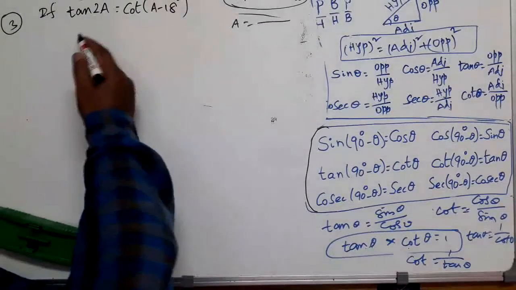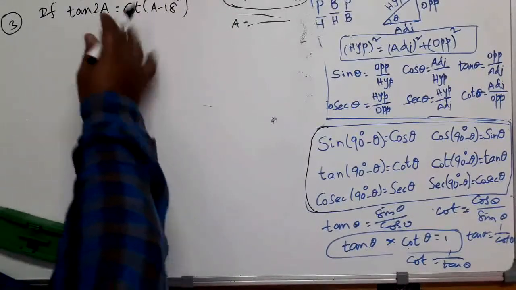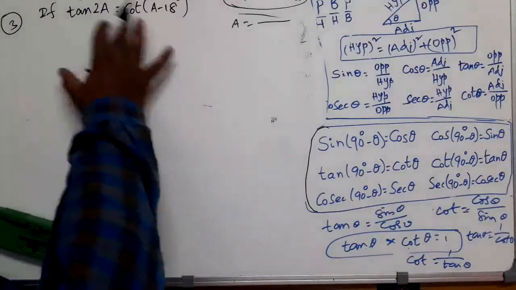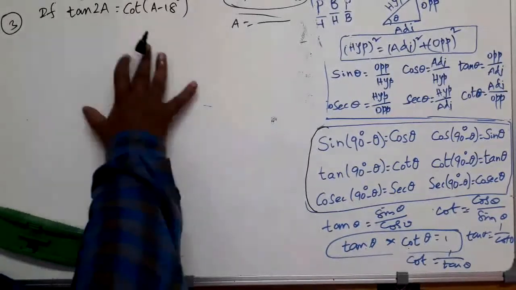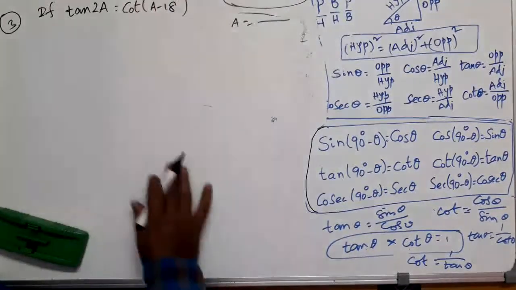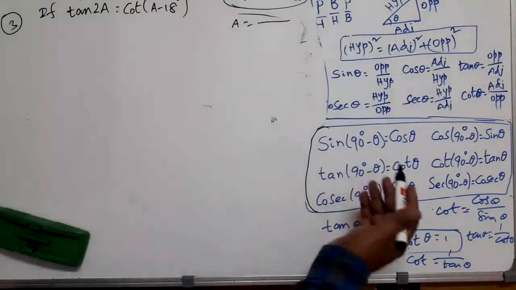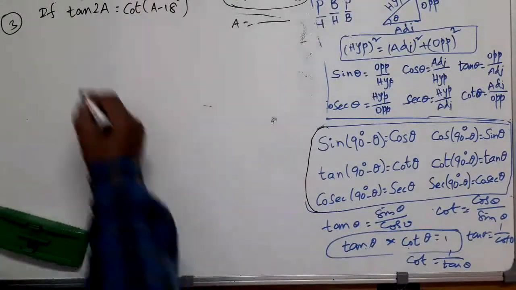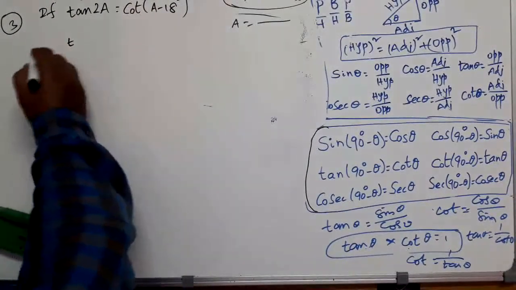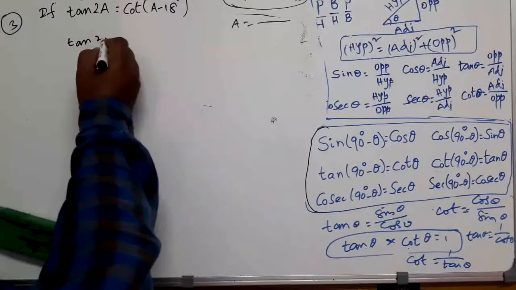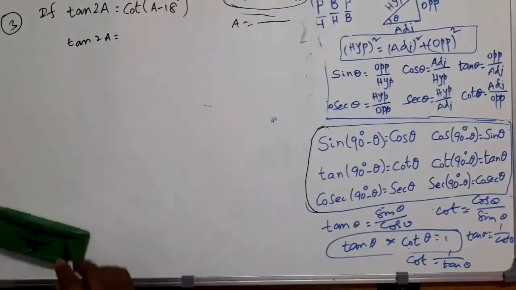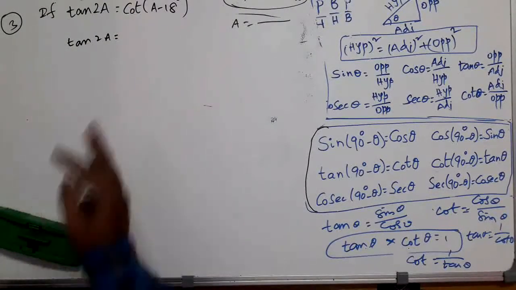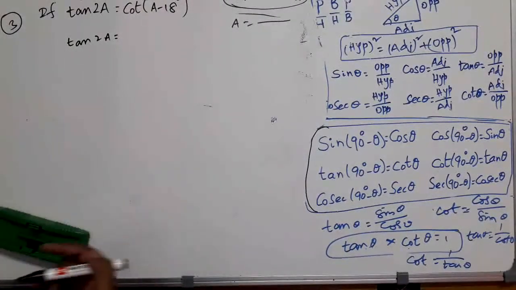For that, I will leave one of these 2 terms as it is and convert the remaining term to another form so that I can use these relations. So I am leaving the left hand side part as it is, tan 2A. I am converting this right hand side part.